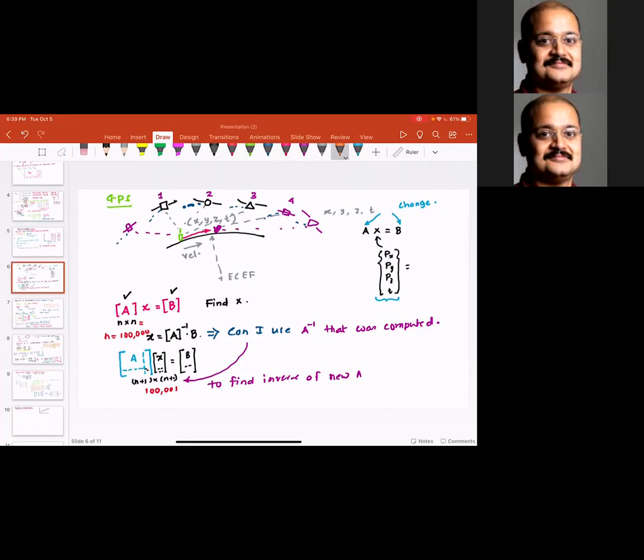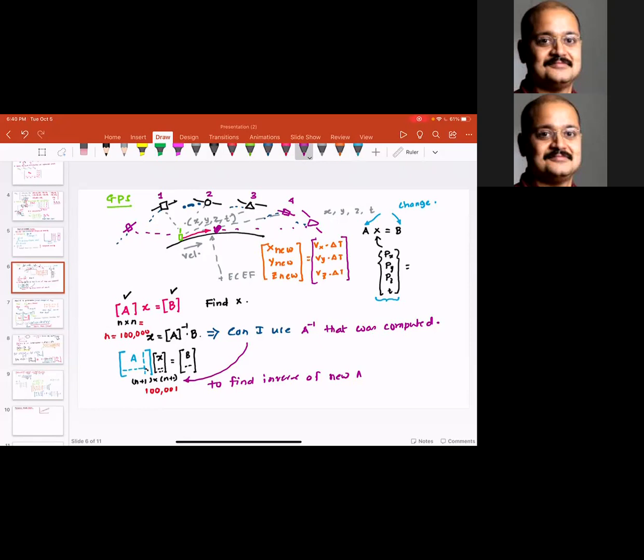So you are going to say my new position, X new, Y new, and Z new, is nothing but the velocity in the X direction multiplied by delta T, velocity in Y direction multiplied by delta T, and velocity in Z direction multiplied by delta T. But one thing is that these velocities will not be super accurate, or you may not have an accurate measurement of time.